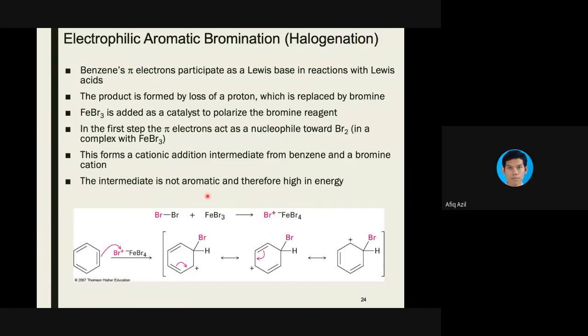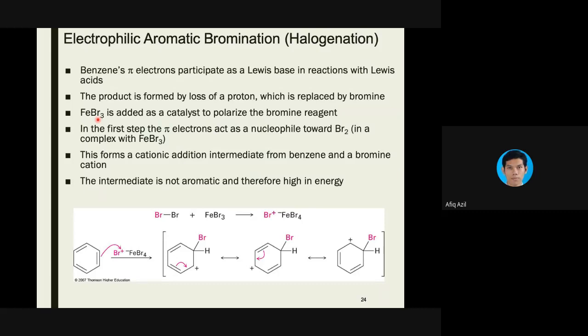So in the case of bromination, the Br2 is going to be mixed first with iron bromide, FeBr3, sorry. The function of this iron bromide is as a catalyst. If you remember in your chemistry 1 or in general chemistry, the function of a catalyst is to lower the activation energy, or to make the reaction become faster.